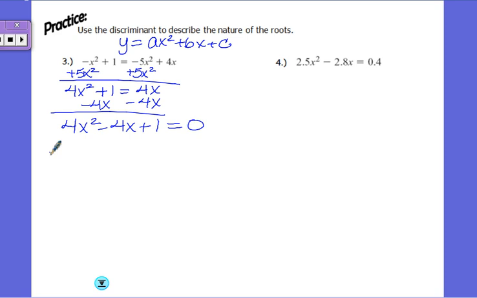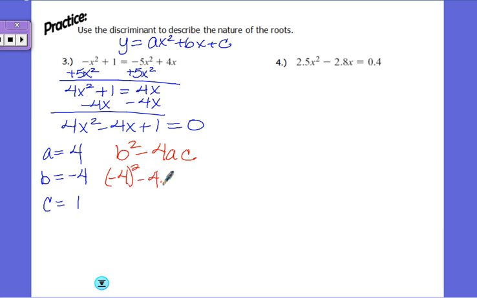From there, identify our a, our b, and our c. a is 4, b is negative 4, c is 1. And then plug it into our discriminant, b squared minus 4ac. So we have negative 4 squared minus 4 times 4 times 1. Well, negative 4 squared is a positive 16.